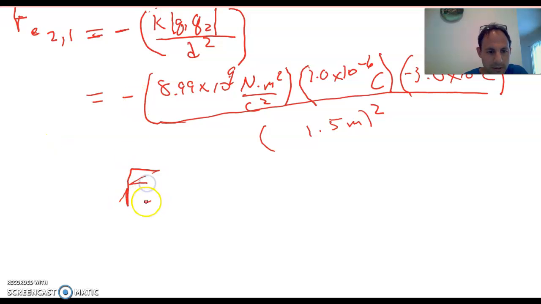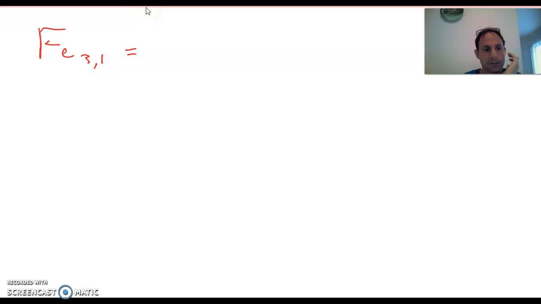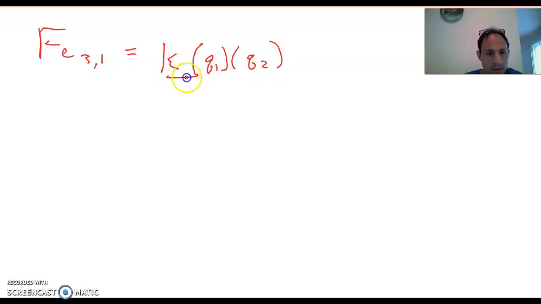Force of charge 2 on charge 1 is 11.99 newtons. Okay, now we have to do the force of charge 3 on charge 1. So the force of charge 3 on charge 1, we're going to have K times Q1, I will just put the formula here, times Q2 over D squared, right?